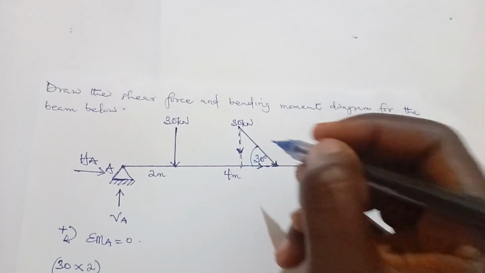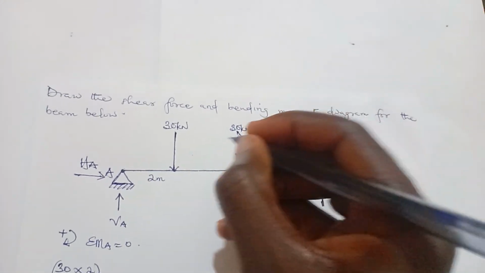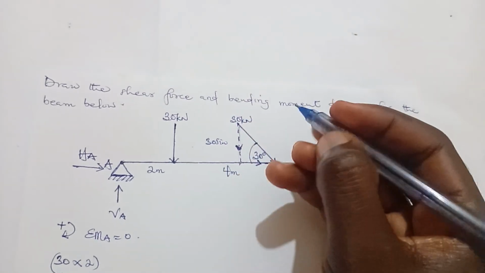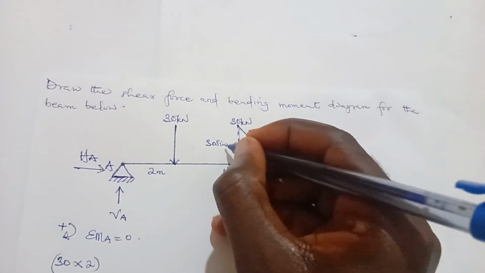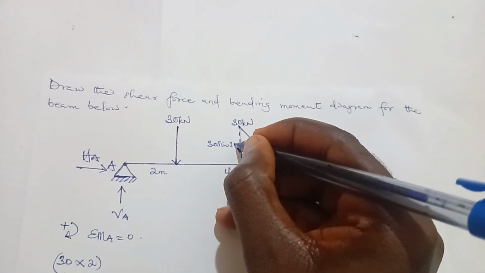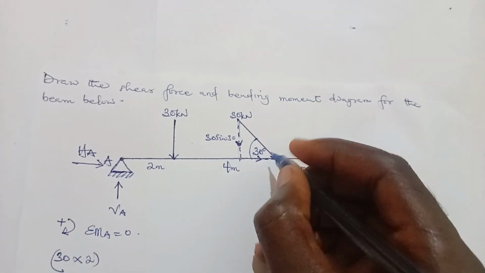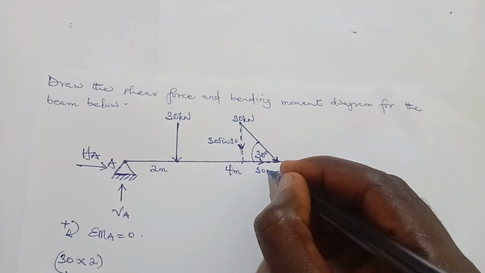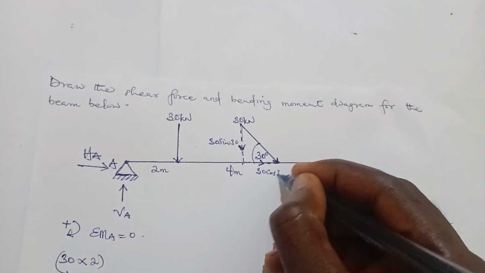To find the vertical component, it is going to be 30 sine 30 degrees, and the horizontal component is going to be 30 cos 30 degrees.